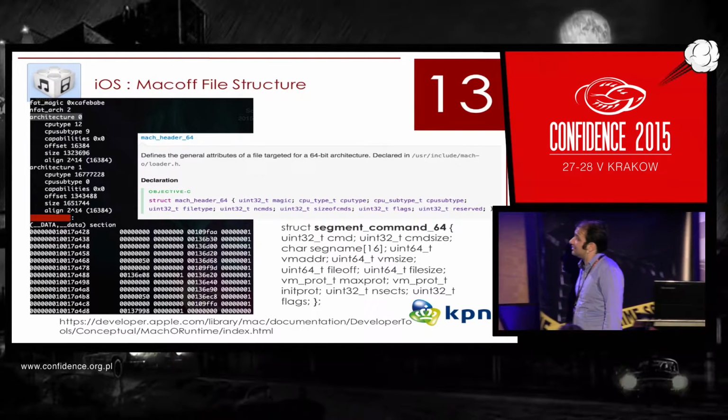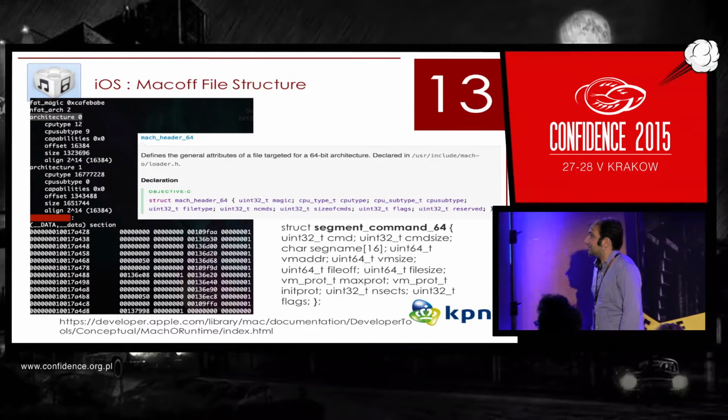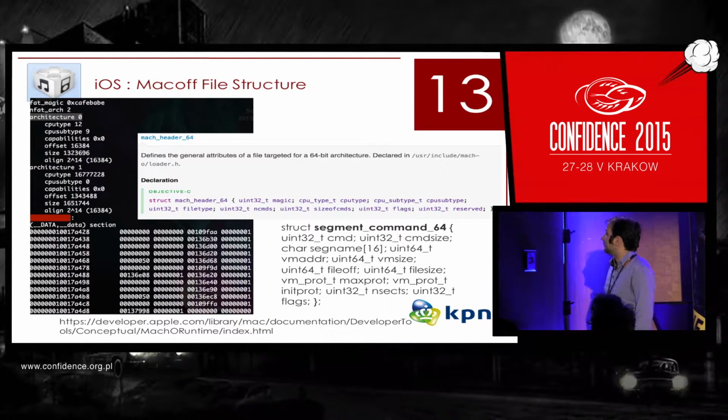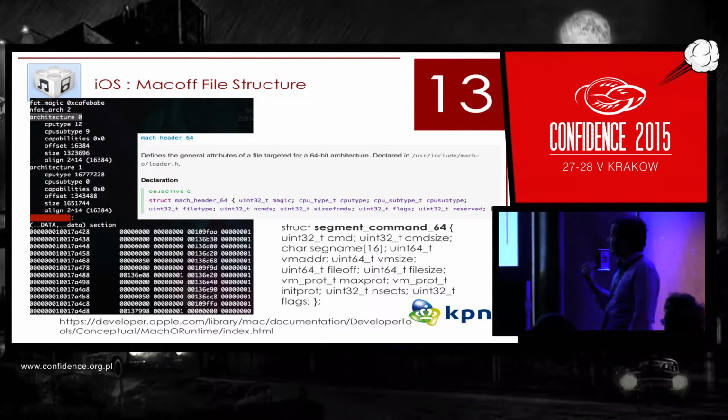The Mach-O file structure has been changed a little bit in the 64-bit implementation. Mach-O is simply the executable format on iOS devices, and it looks like this. The Mach-O 64-bit implementation is built upon the 32-bit one.